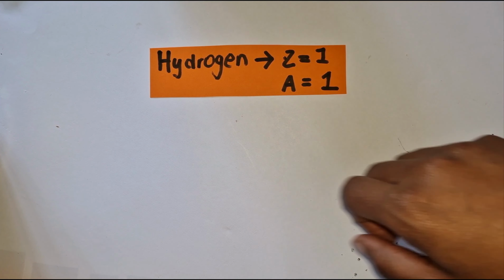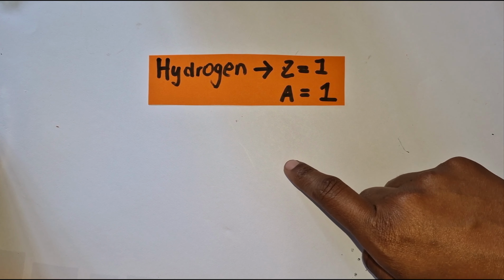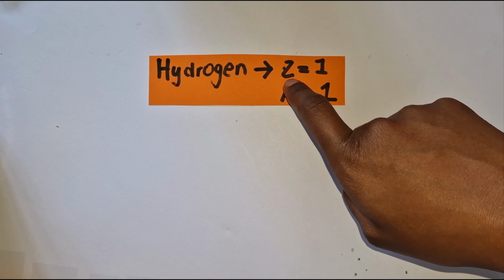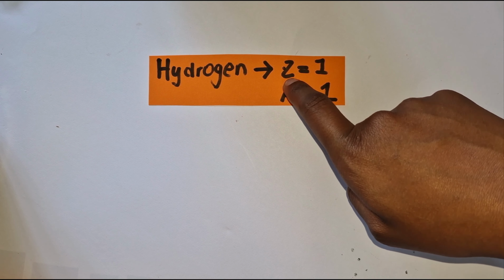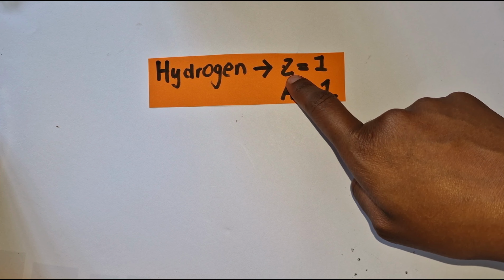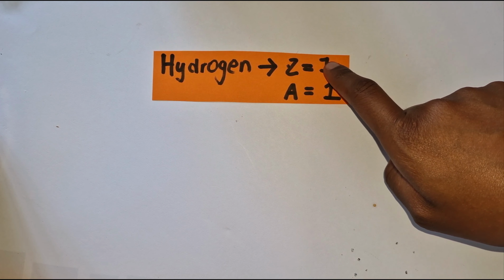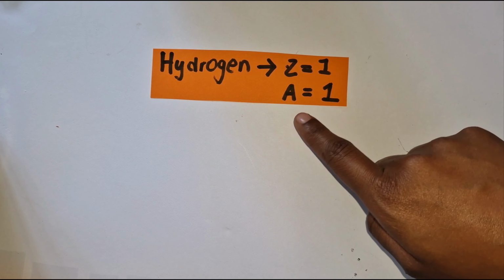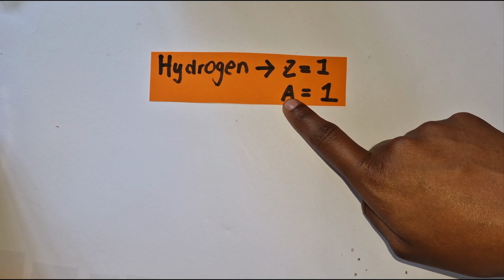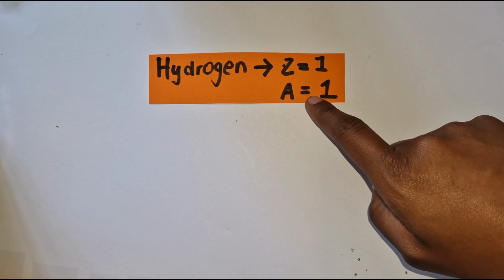So if we had a hydrogen atom, which we have learned that its atomic number is Z equals 1, or the number of protons of hydrogen is 1. And now I tell you that the atomic mass number of hydrogen is 1.